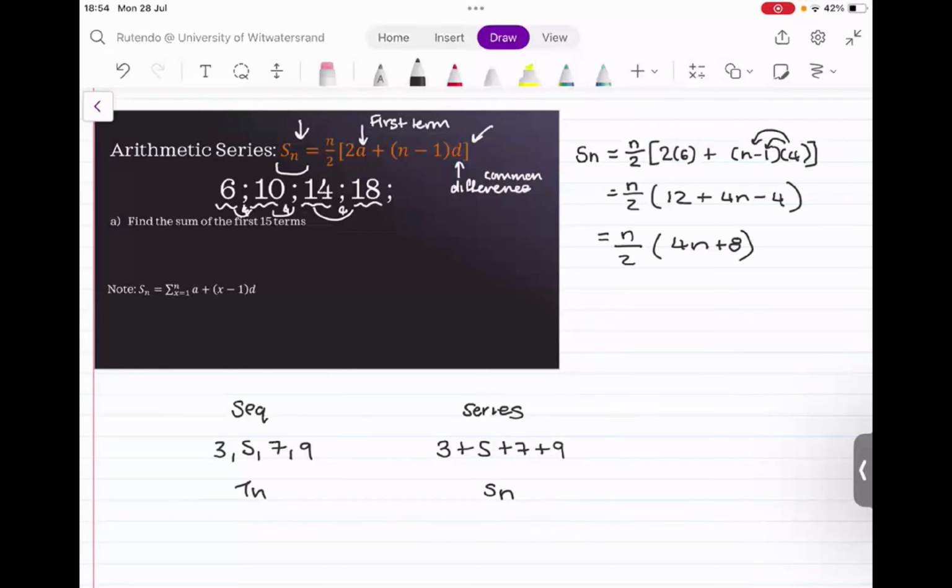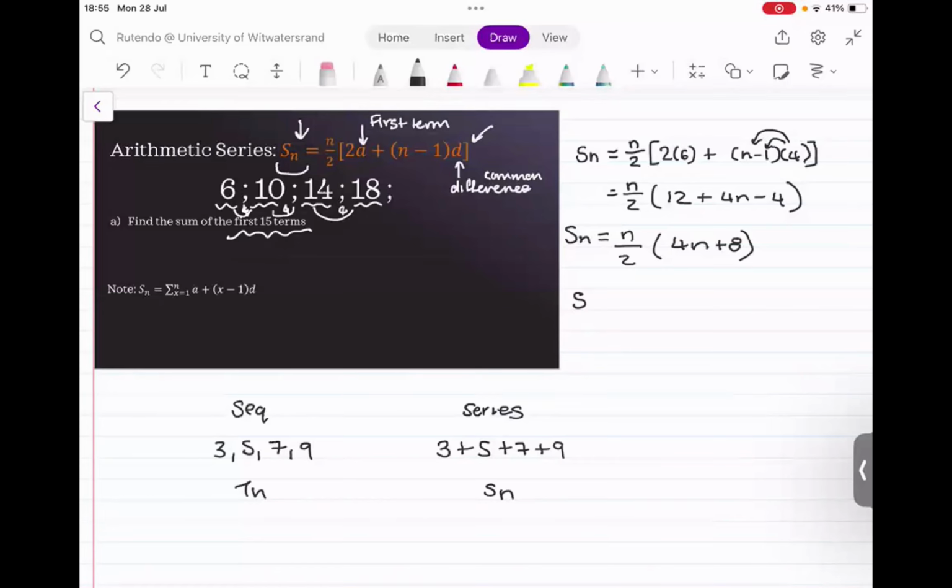Okay. And so the first question is, what is the sum of the first 15 terms? Which variable am I going to put 15 into? n, perfect.